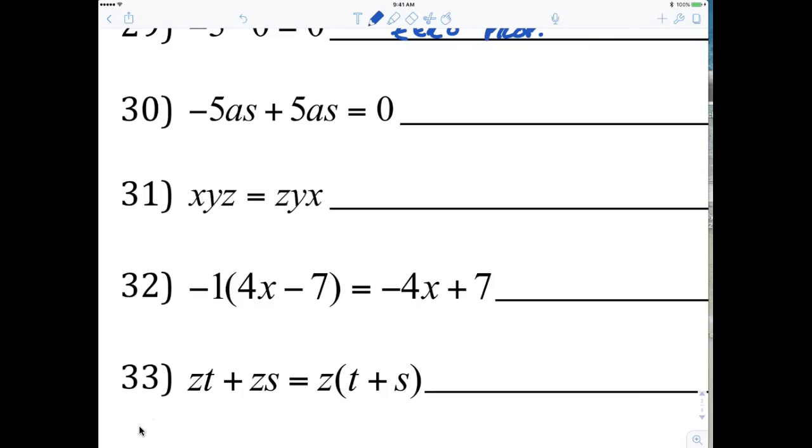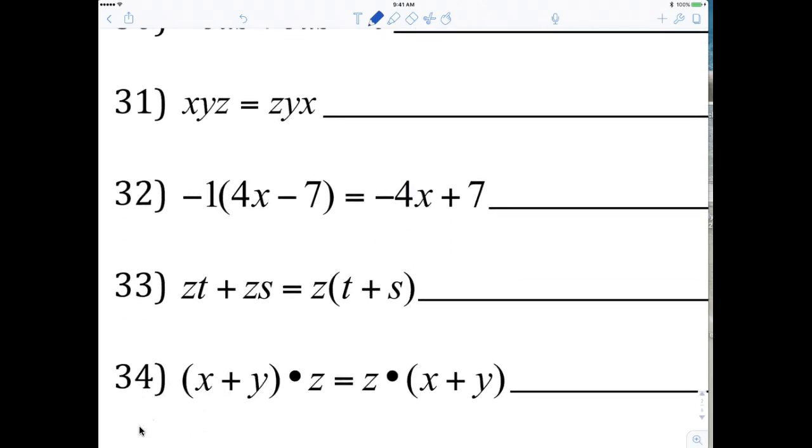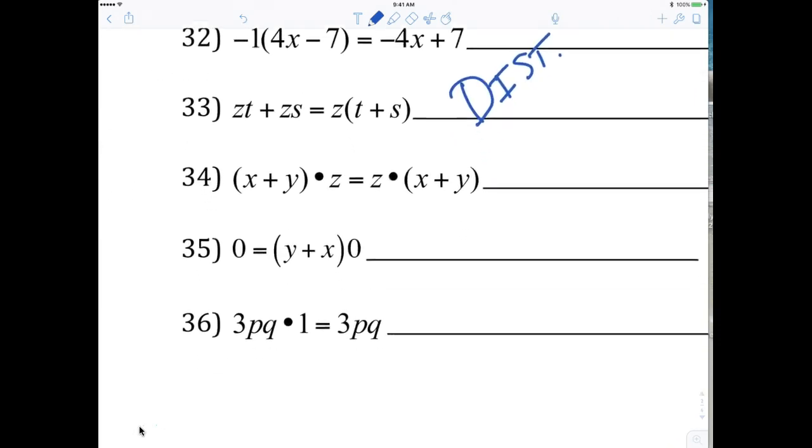All right, what about 31, guys? The commutative property of multiplication. Correct. What about 32 and 33? Yes, distributive property. Everybody happy with that? 32 and 33 are both the distributive property. All right, what about 34?